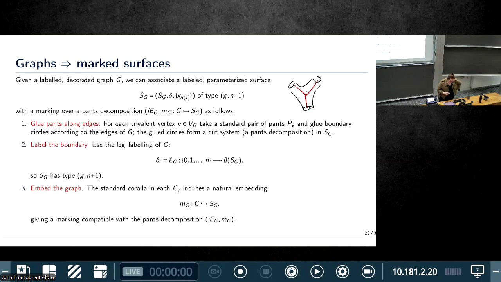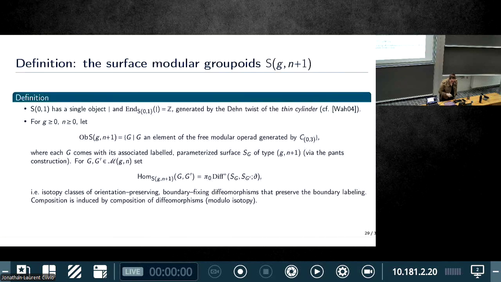This has a pants decomposition where the pants are glued along the internal edges of the graph. I have the labeling of the boundary, and I have the embedding, which gives me how the graph is living, the cyclic order. It's maybe too much information or not enough, but let's say.